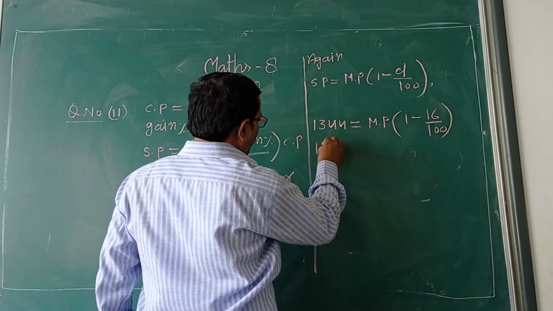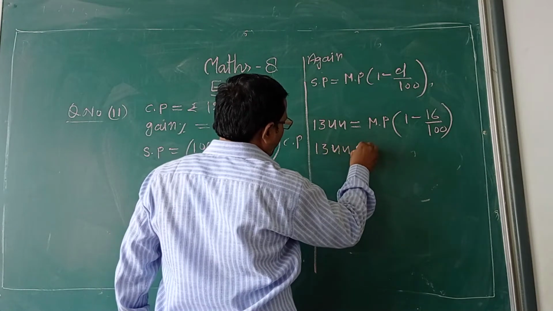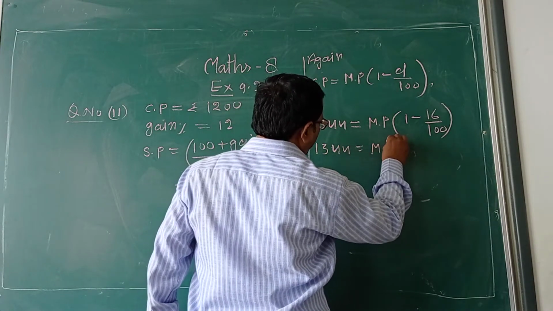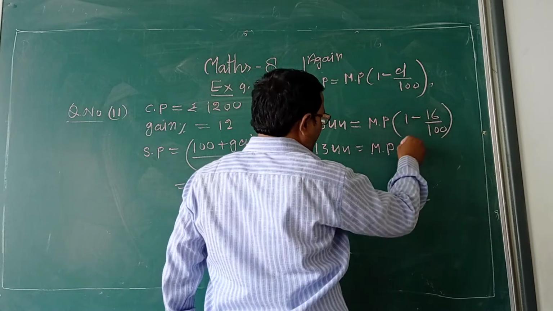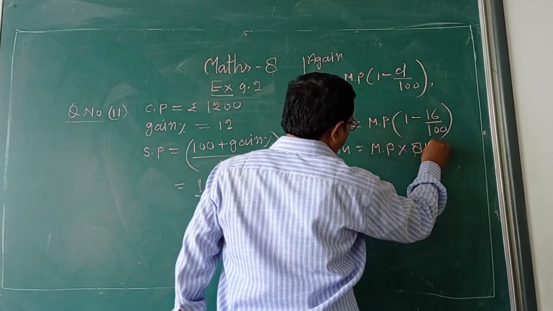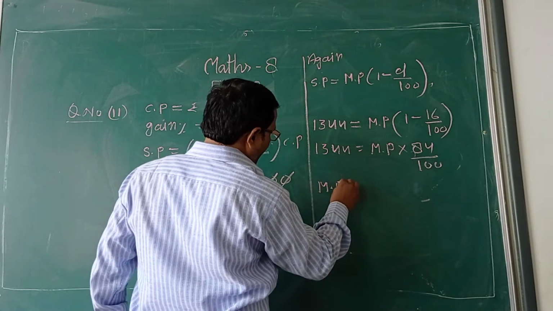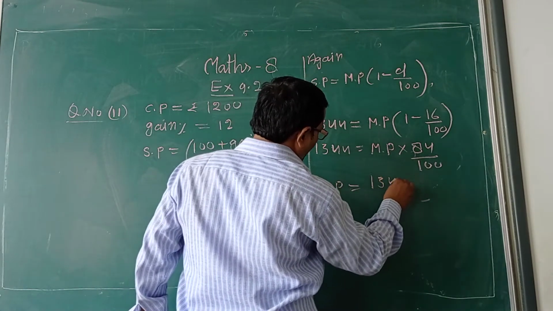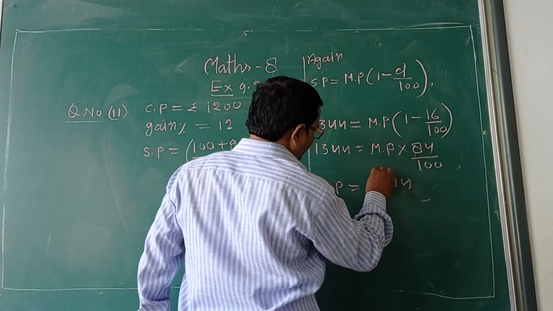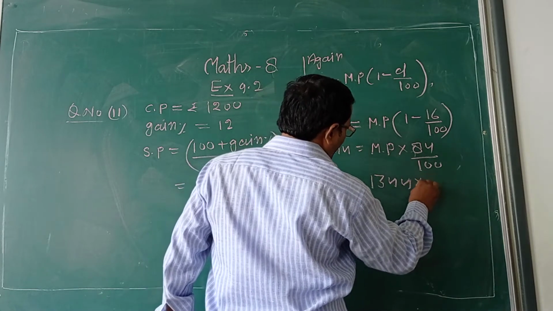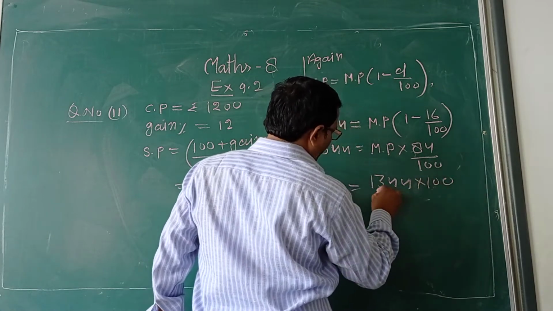It means 1344 rupees equals marked price into 100 minus 16, that is 84 upon 100. Then the marked price will be 1344 into 100 upon 84.